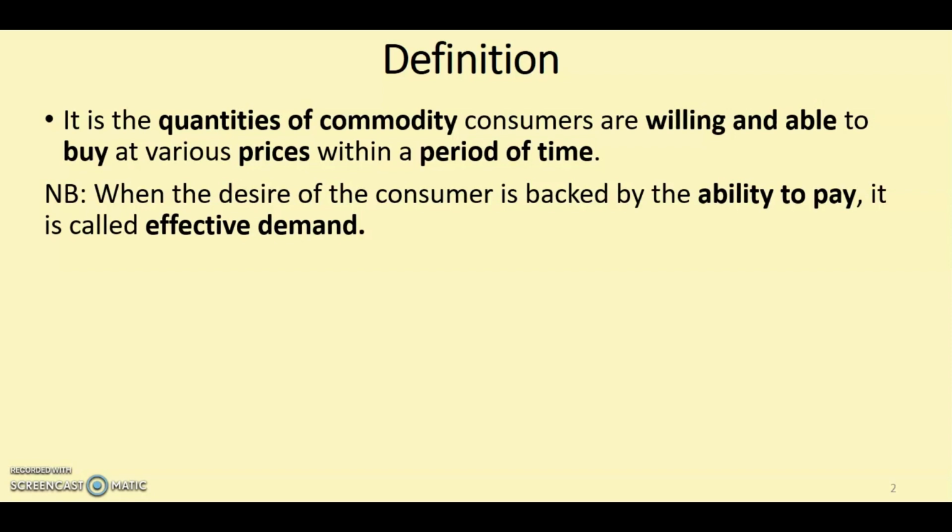It is consumers who demand for goods and services. So it means that if you want something, it goes beyond you desiring for the thing, but then it is based on your abilities and then your capabilities or your willingness or your ableness to have that. That is what we term as demand.